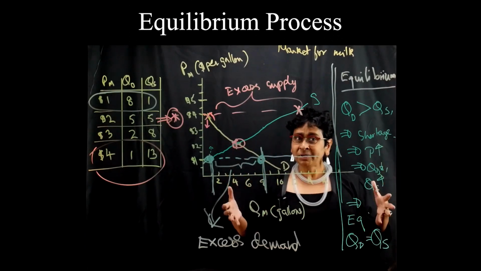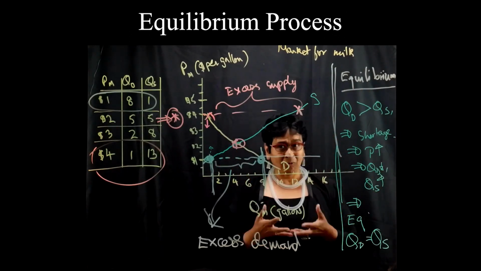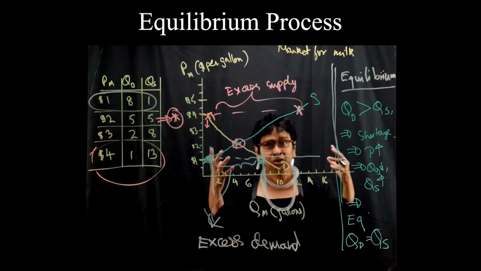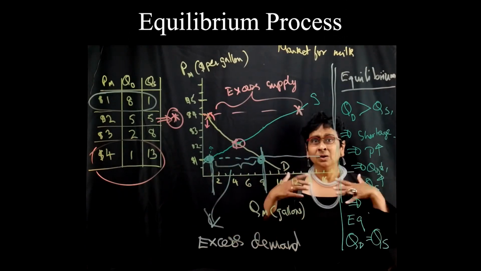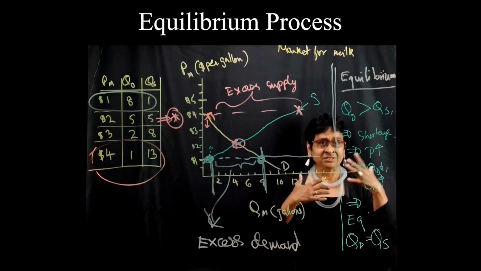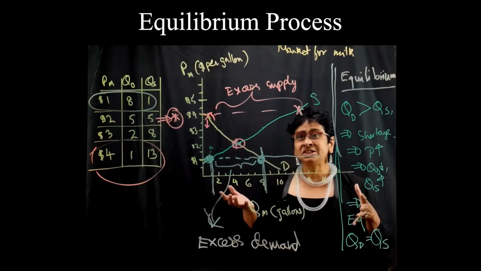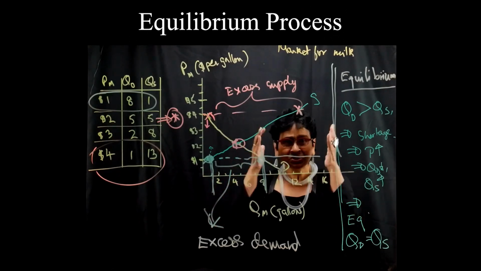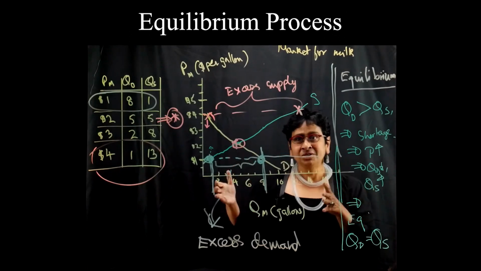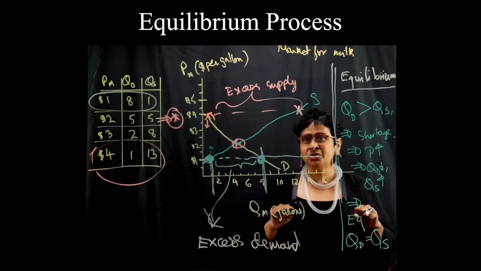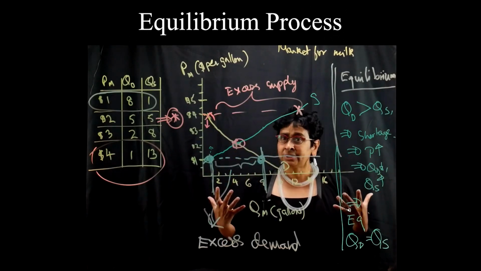So let's stop here now and take a minute to think of what we've learned. We've learned that the price mechanism in competitive markets, which is an assumption of how markets work, where there is relatively free entry and exit into the market, when you have a situation where consumers are just focusing on the prices and not on anything else, and producers are just focusing on the prices and not on anything else, where the two groups are interacting purely through the market.